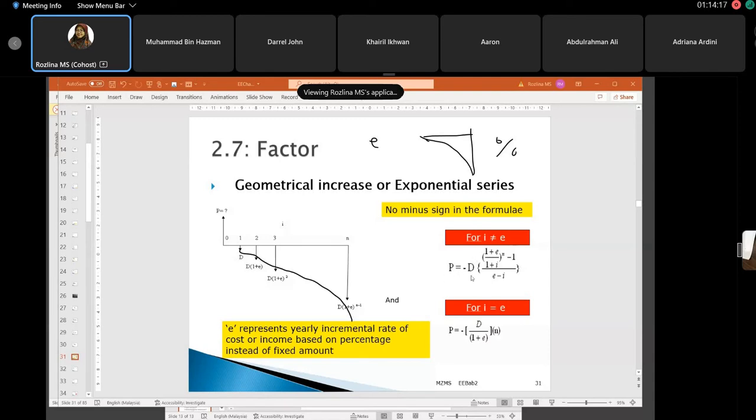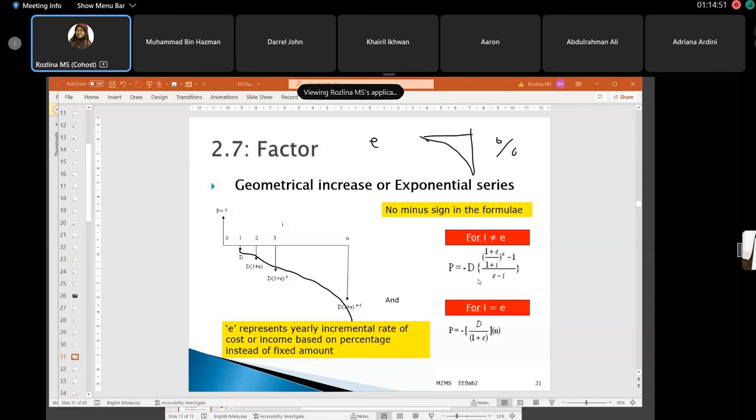P equal to minus D. Okay, this formula. And there is no table. In this case, there is no table provided. If you look at the formula sheet, do you see it? There are the percent tables: FP, PF, AF, FP, FA, PA, AG, PG. No E case.